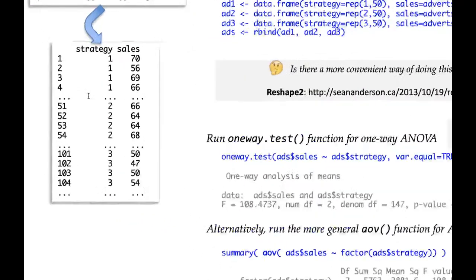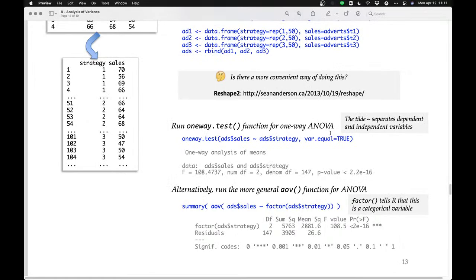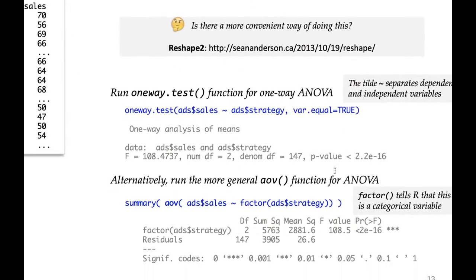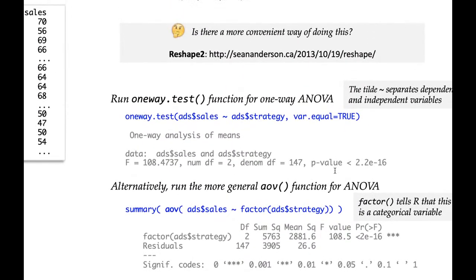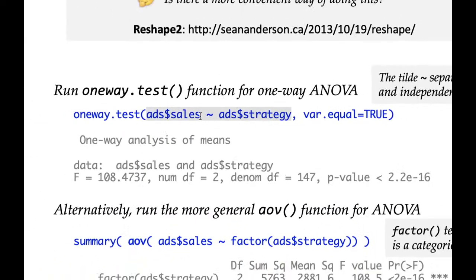Once our data is in this long format, we can use this one-way or AOV tests to run our F-test. All right. So for the one-way test, you've got to set up a model, which is what you see here now, describing that the sales are dependent on which strategy I used.